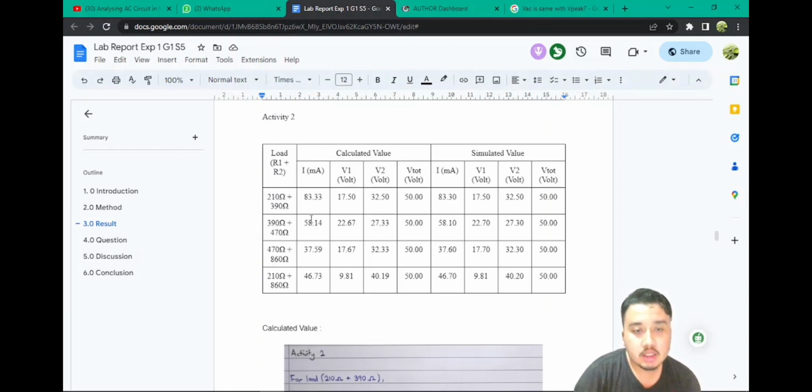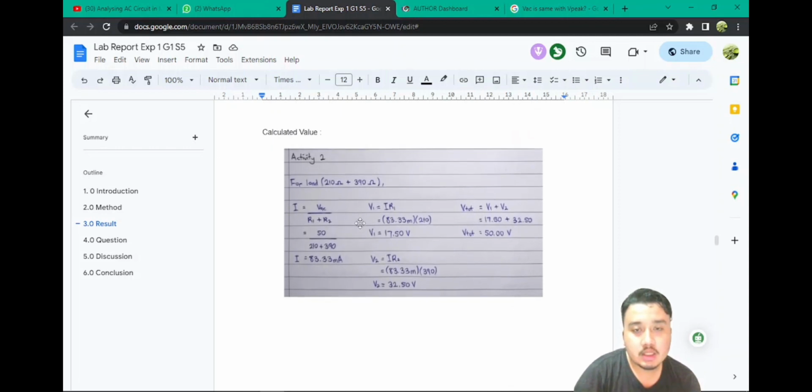Then the second, 390 ohm plus 470 ohm. As you can see, the third one is 470 ohm plus 860 ohm. And the last one is 210 ohm plus 860 ohm.